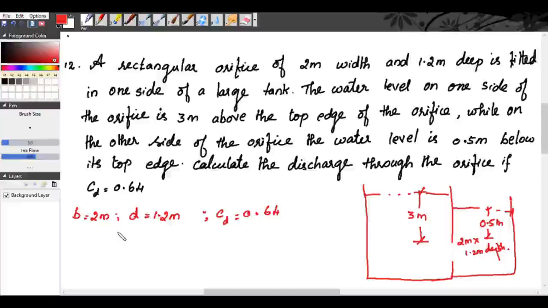How will we solve this problem? So B is 2 meter, depth of the orifice is 1.2 meter. Now the height of the water from the top edge of the orifice is given as 3 meter. So we can take H1 is equal to 3 meter.